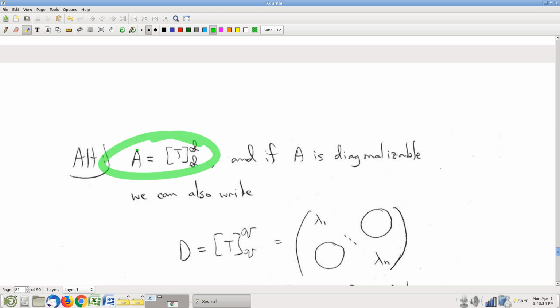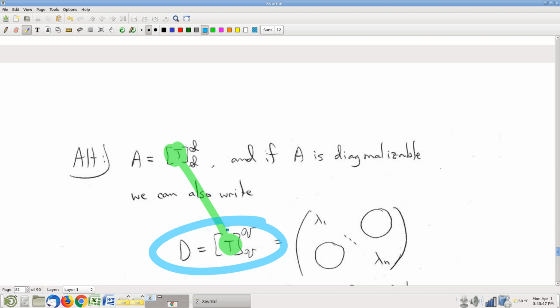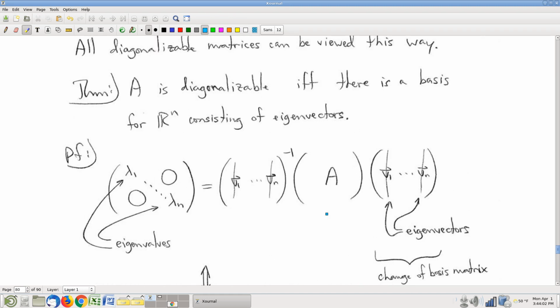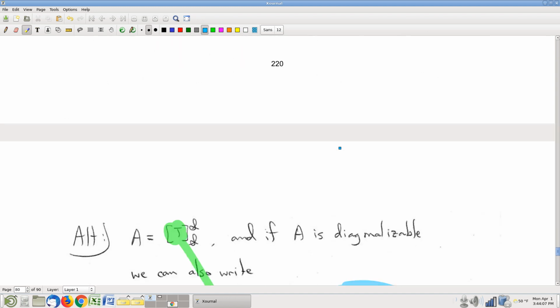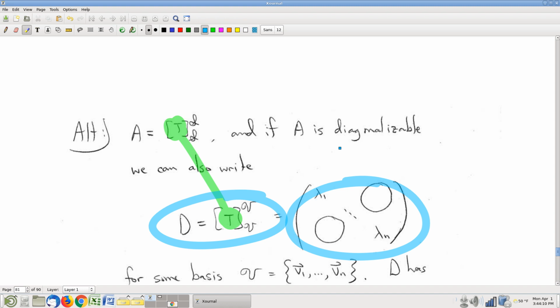If you have a matrix that's diagonalizable, what that means is that there is a change of basis, same linear transformation, in other words, but with respect to a different basis, that linear transformation is diagonal. That, again, is straight out of our first interpretation of diagonalizability. So, different starting point. The last proof started with thinking of diagonalizability from the point of view of conjugation. Here, we're thinking of diagonalizability from the point of view of change of basis.